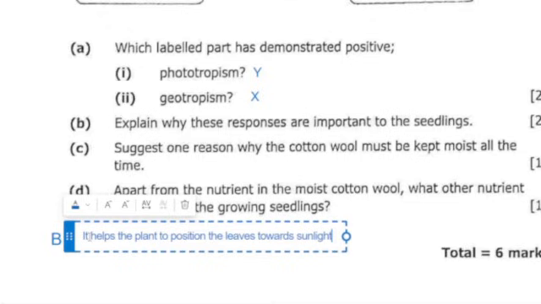This will make it possible for the plant, as it is following the sunlight, and the leaves will be positioned towards sunlight, which will help in turn to facilitate the process of photosynthesis.